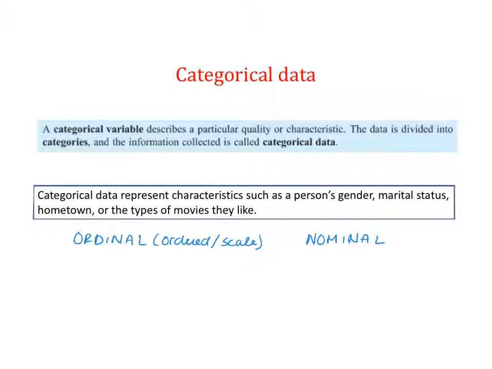Very controversial ordinal scale. Like the pain scale that doctors give, that's kind of controversial. Yes, Oscar asked something very interesting and relevant. Sometimes we make ordinal scales that can be debated, right?